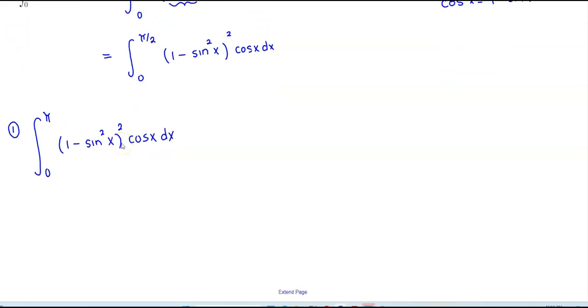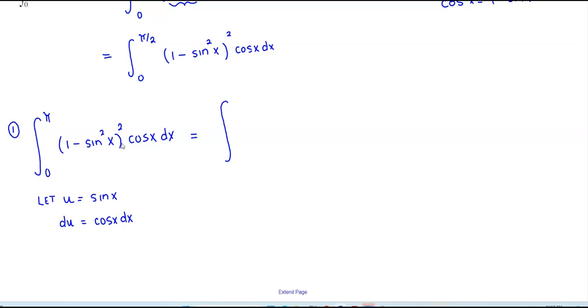We're going to let u equal the sine of x. And what do we know about du? Well, du is going to equal the derivative of the sine of x, which is the cosine x dx. And now we can put in our substitution.